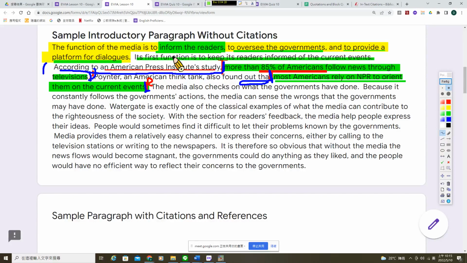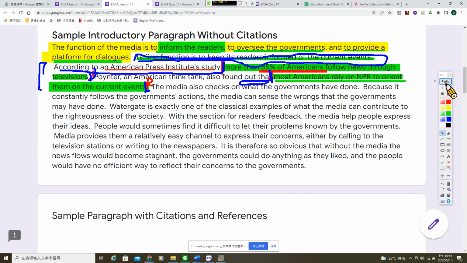And remember, this is my argument. Its first function is to keep its readers informed of the current events, right? So this is my opinion, and I use these 2 evidences to support my opinion.